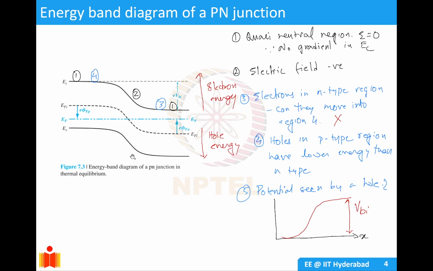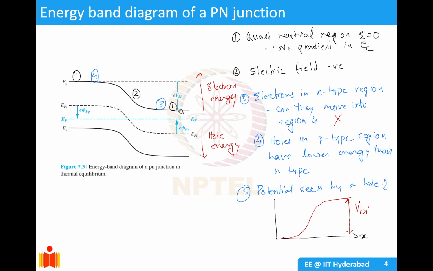Similarly, holes cannot move from here to here due to this huge barrier. In both cases this barrier height is the same as your built-in potential. So in both cases, they are seeing a potential barrier equal to VBI.